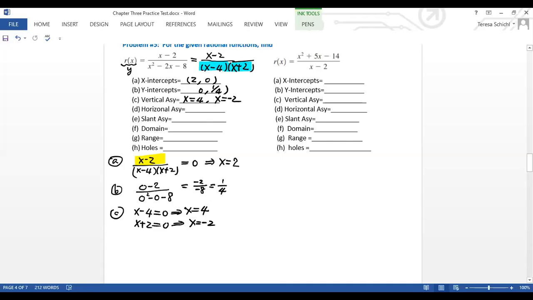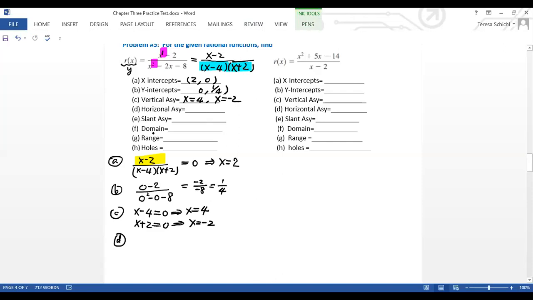Okay, horizontal asymptotes. For the horizontal asymptote, you compare the degrees of the 2 polynomials in the numerator and the denominator. This is x minus 2, so it's the first power, and this is the second power, right?